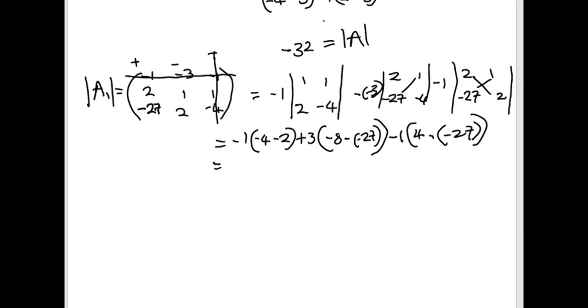So this will be equal to -1, -4, -4, -2 is -6, plus 3, minus 8, plus 27, 19, minus 1, 4 plus 27, because minus is positive, so 4 plus 27 is 31.